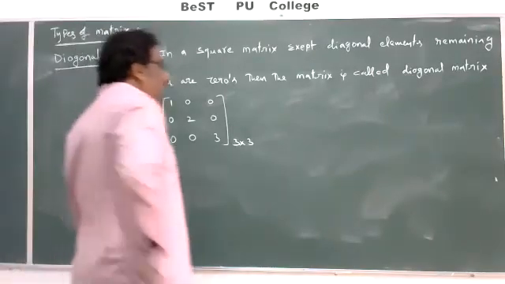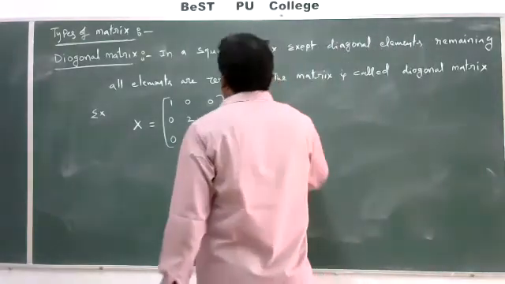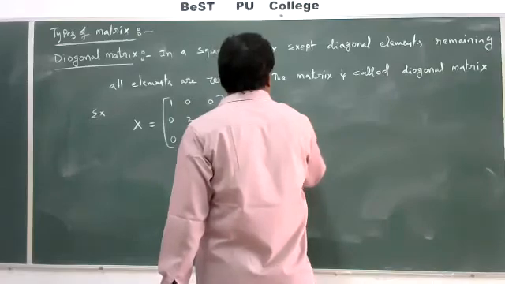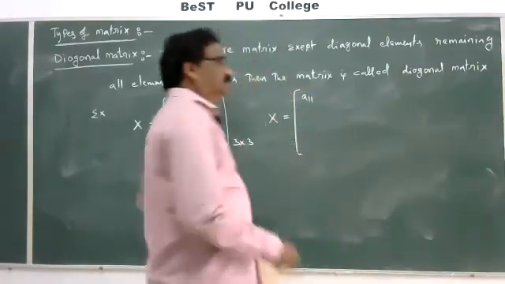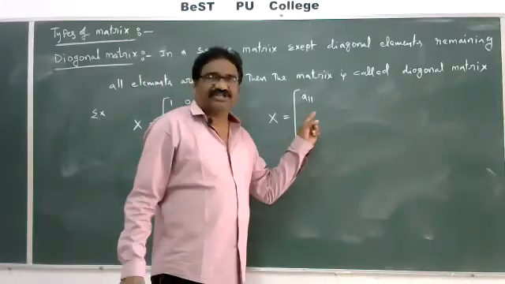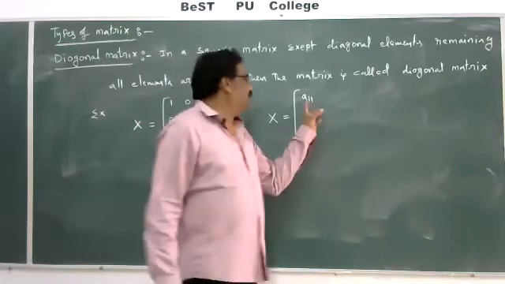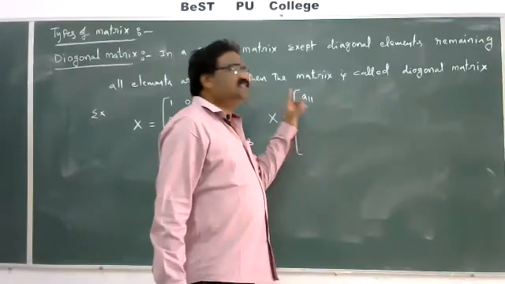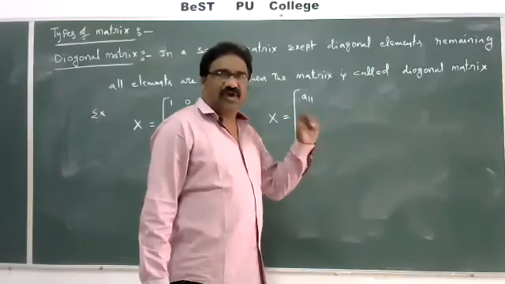So in a matrix, general elements are represented, for example, capital X is equal to a matrix with A11. What is the meaning? The position of the element in the matrix. For example, A11 means A is the element, and its position is first row and first column.